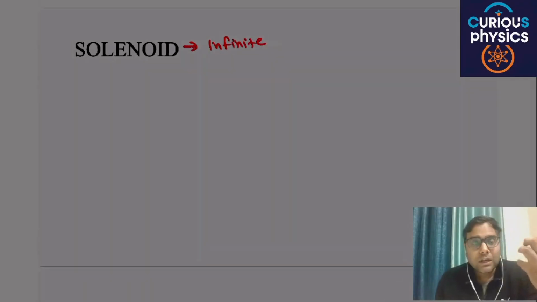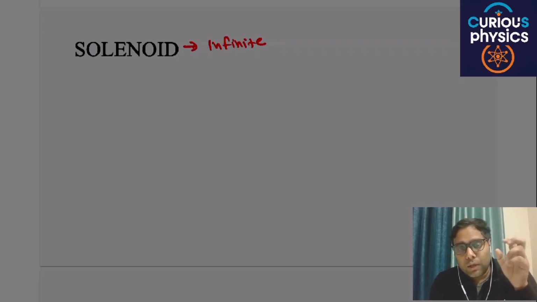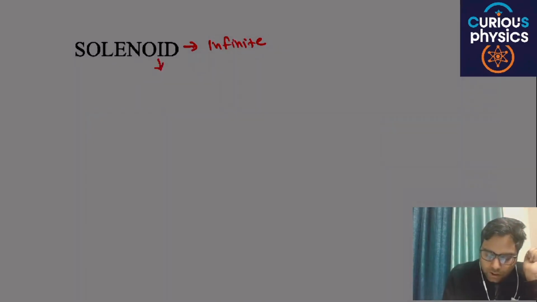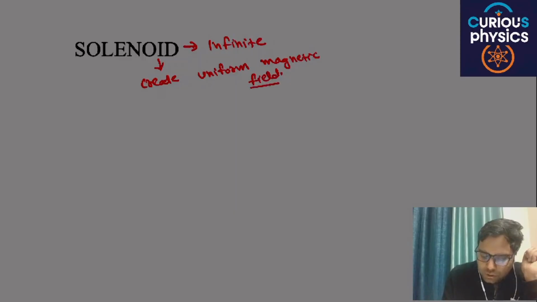The main purpose of an infinite solenoid is to create a constant magnetic field. The main purpose is to create a uniform magnetic field. This is the whole sole purpose of this solenoid.